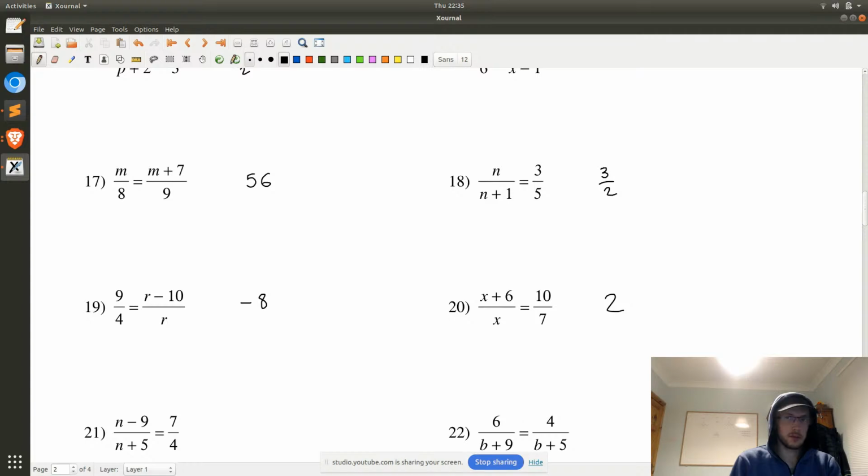And nearly, but fix. Oh, I see the mistake. There, I forgot to multiply. 7x at 42 equals 10x, so 3x equals 42, so x is 14.